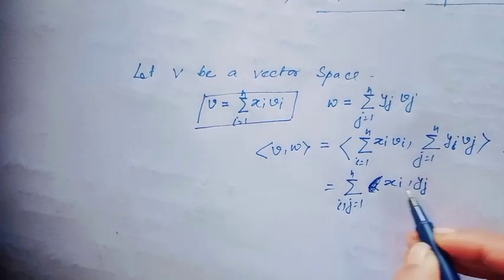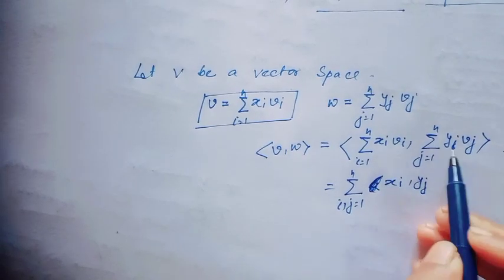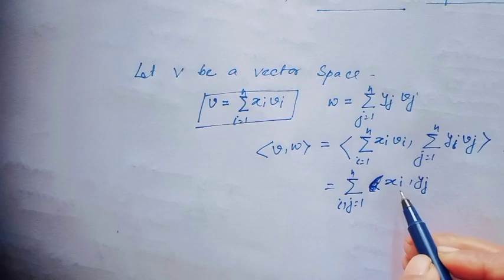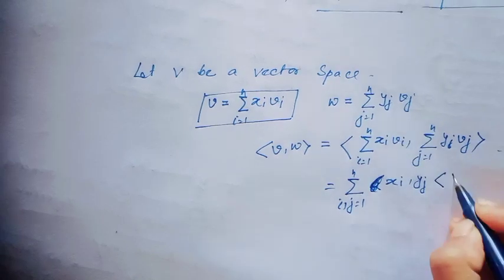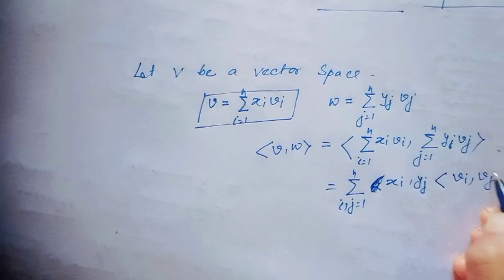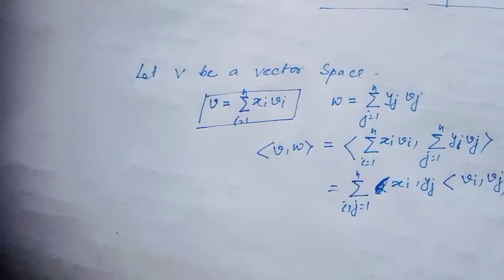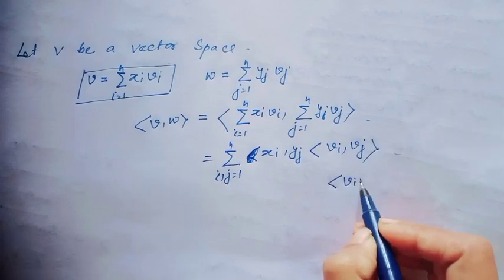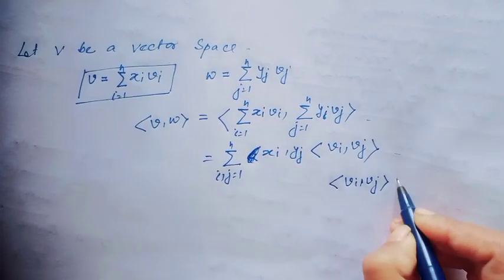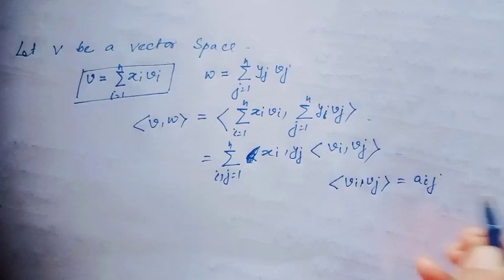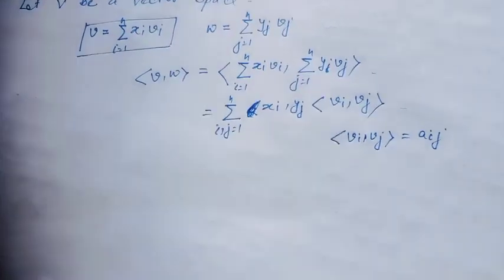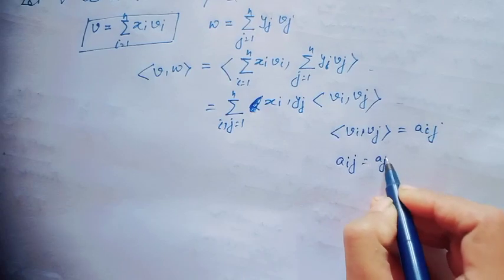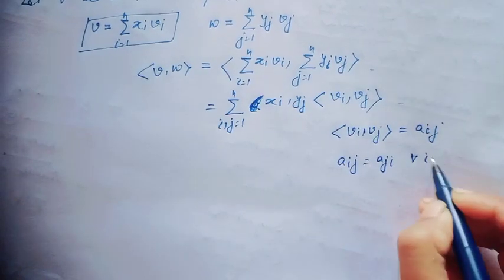Since xi is a scalar, just take it out of the inner product. This would be xi yj times the inner product ⟨vi, vj⟩. Then consider this inner product ⟨vi, vj⟩ = aij, and notice here aij is always equal to aji, and this is true for all i and j.